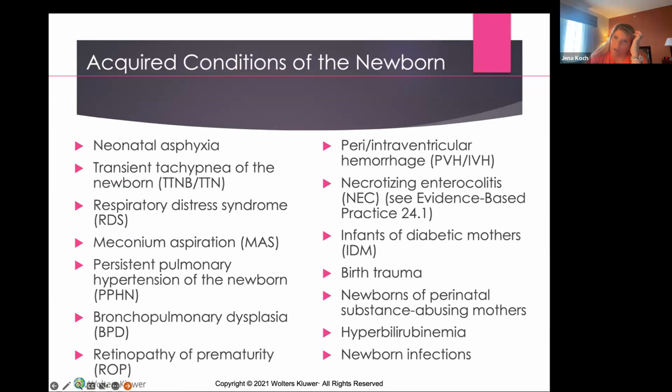So here's a list of all of the acquired conditions of the newborn, right? So the very first one, the neonatal asphyxia, this is the one that we're most worried about during labor and delivery, right? Because we want to make sure that that fetus is getting oxygenated, okay? Followed by transient tachypnea of the newborn, TTNB or TTN.